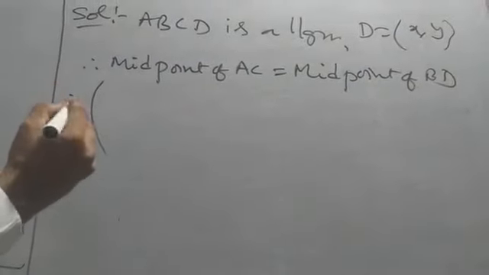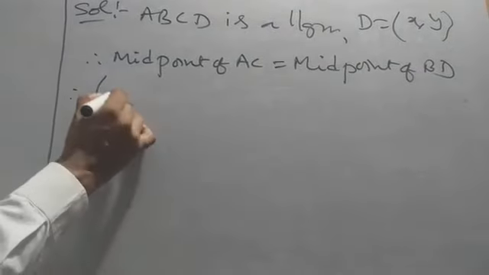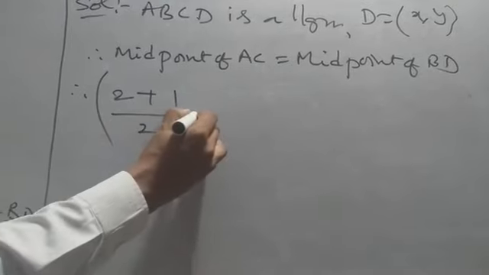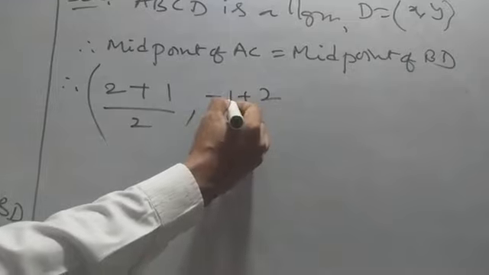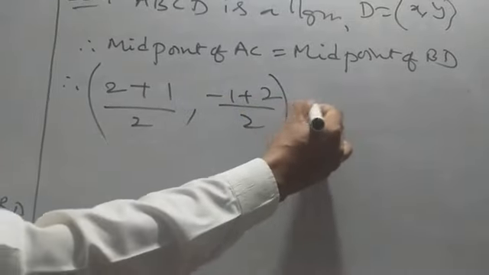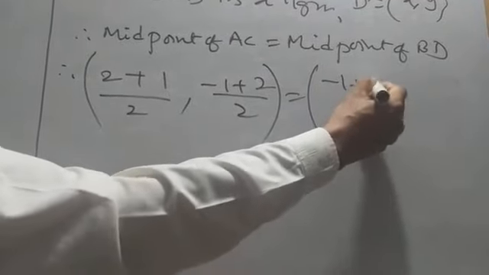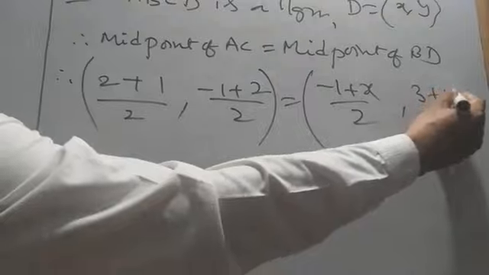Now, midpoint of AC is nothing but ((2 plus 1) by 2, (minus 1 plus 2) by 2), which equals ((minus 1 plus x) by 2, (3 plus y) by 2).